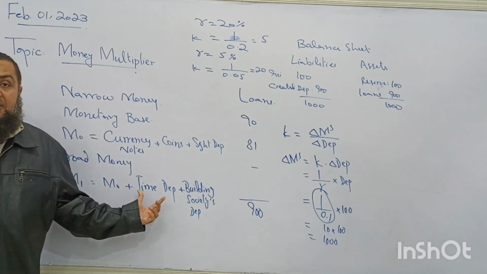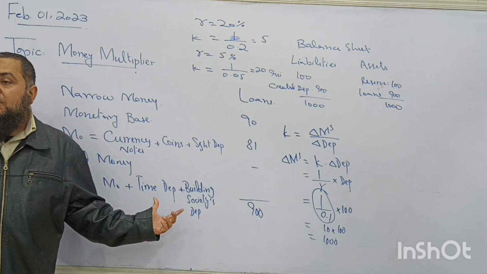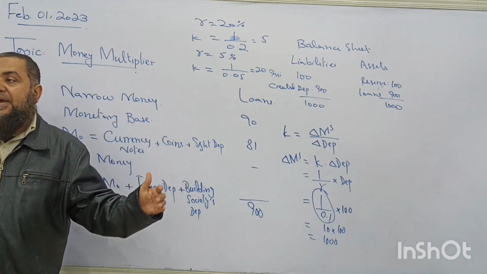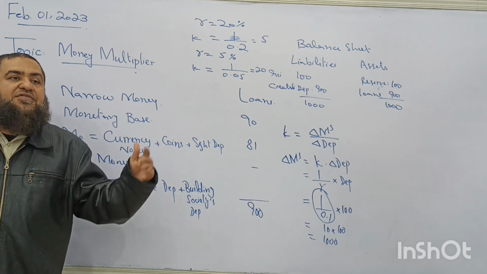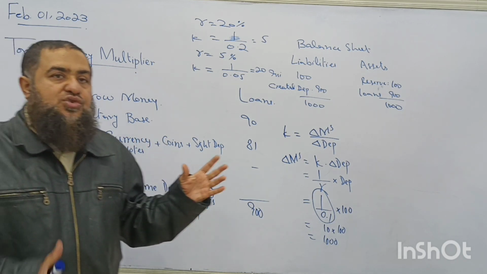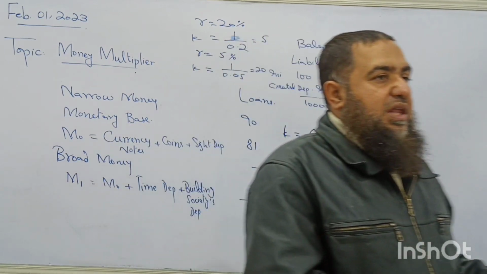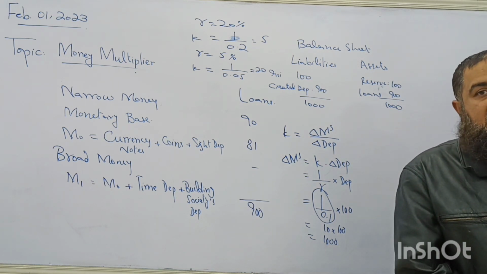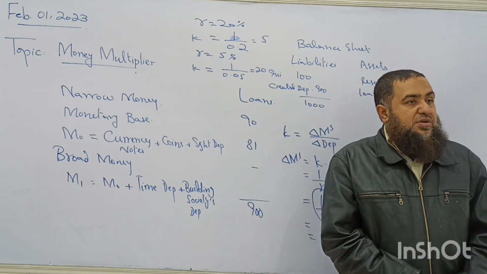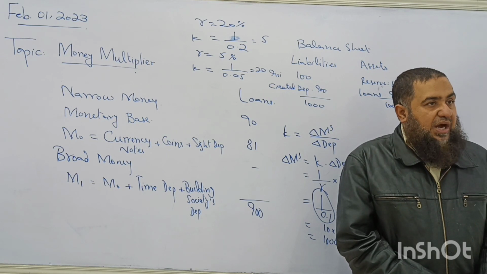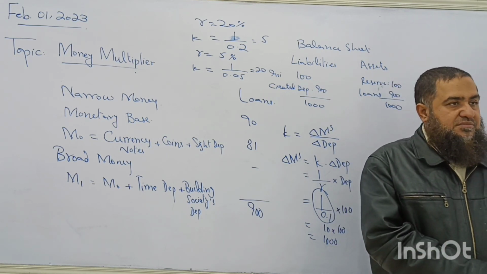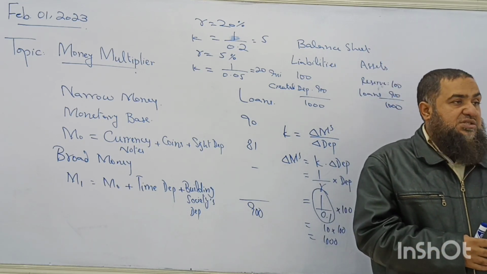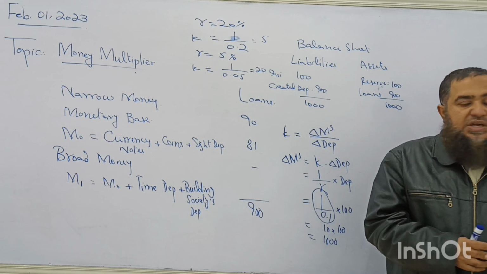Please listen, be attentive. Time deposits means the depositors have kept money with the commercial banks for 3 years or 5 years. They have stored their value of money in the form of a long-term saving account. Do you think those saving accounts can be easily converted into cash? Until the maturity dates come, then they will be convertible into cash. After 3 years or 5 years, they will be converted into cash.